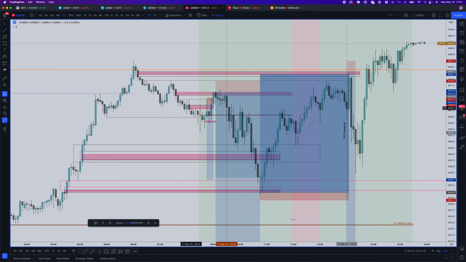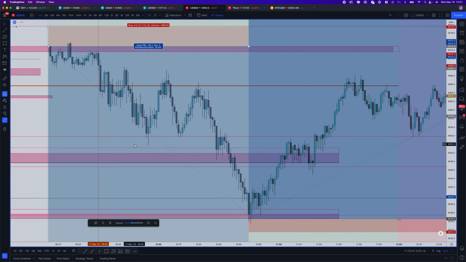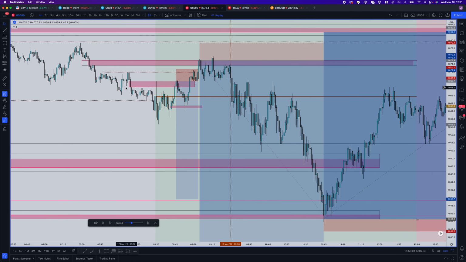Initially I was watching this one here because I saw price had gone up, took out this swing high, declined down, and took out this swing low. I was watching this one, which was on the 1 minute. As you can see, I put in a paper trade here. I didn't actually execute on that one. Price had gone down prior to 9:30, ran back up into it, and went into profit for a little bit. Now I'm going to drop back down to the 1 minute so you can see a lot more clearly.